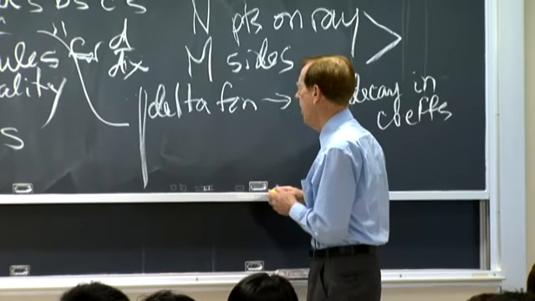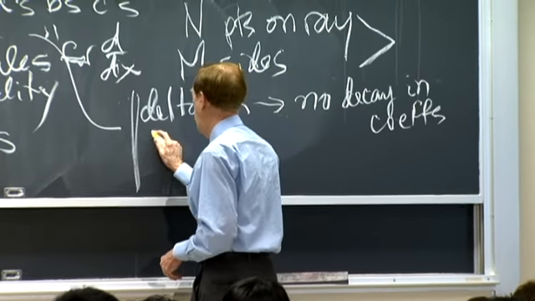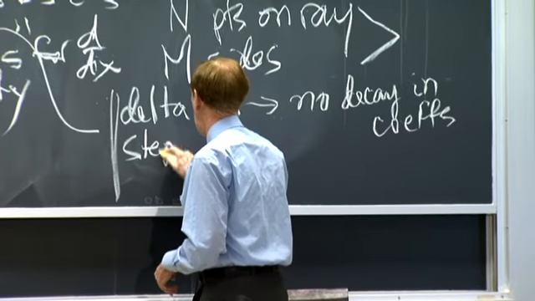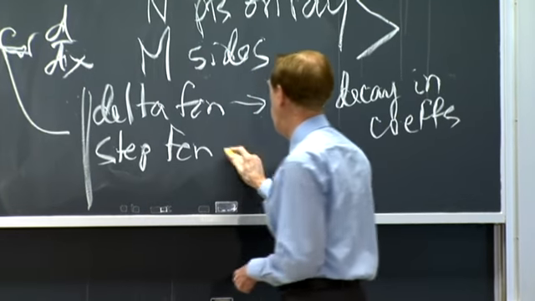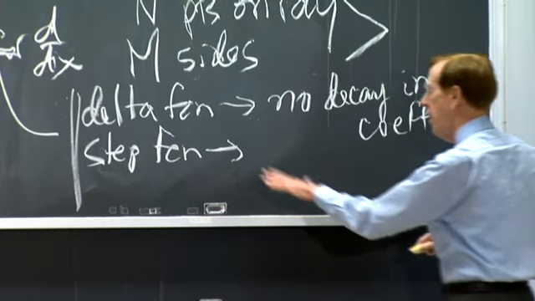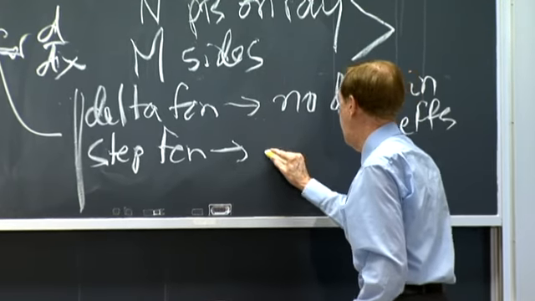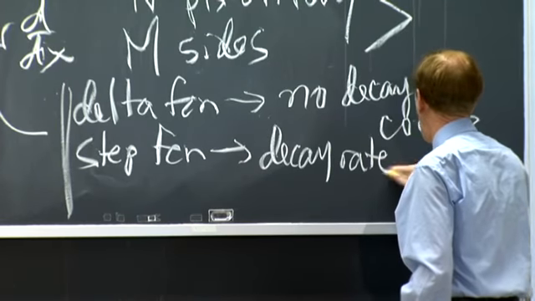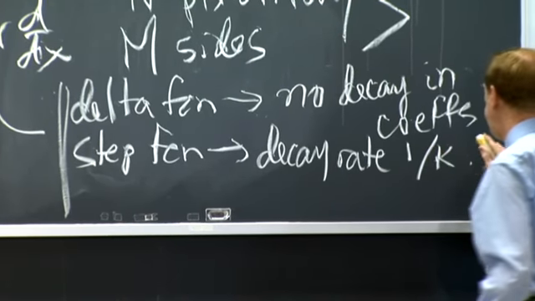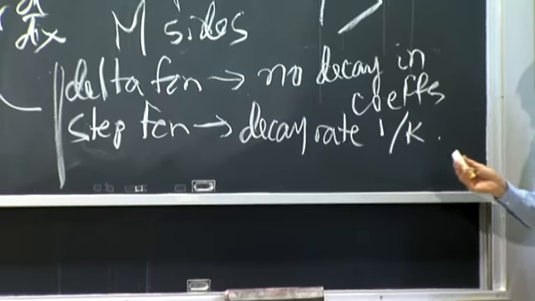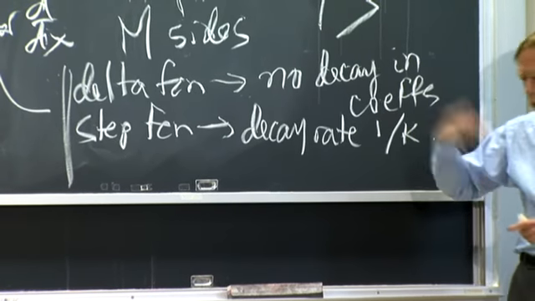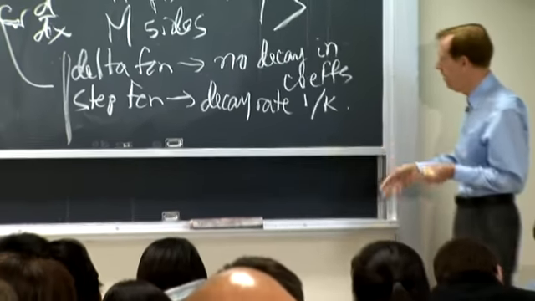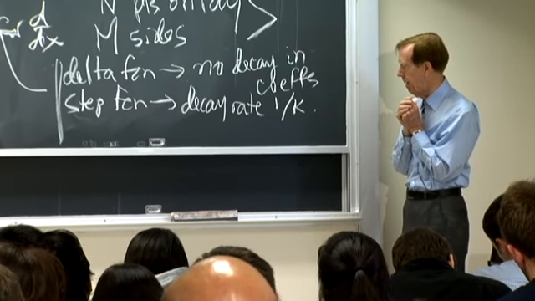So a delta function is a key example, and then a step function. So what will be the deal with those? If I have a step function, the decay rate is 1 over k. So they do go to 0. The 1,000th coefficient will be roughly of size 1 over 1,000.